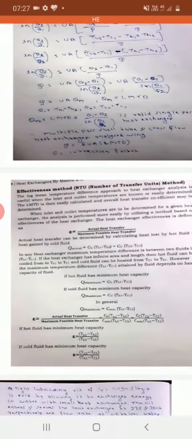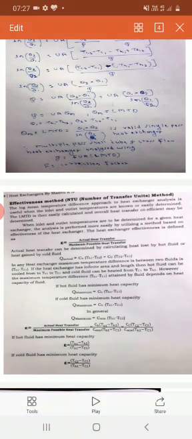Let us discuss the effectiveness of the heat exchanger, that is the number of transfer units. The effectiveness of the heat exchanger for parallel flow and counterflow is essential to determine the temperature at the inlet and outlet values.